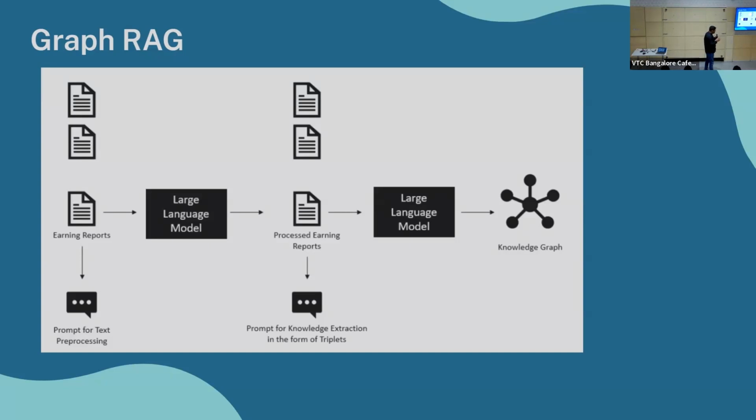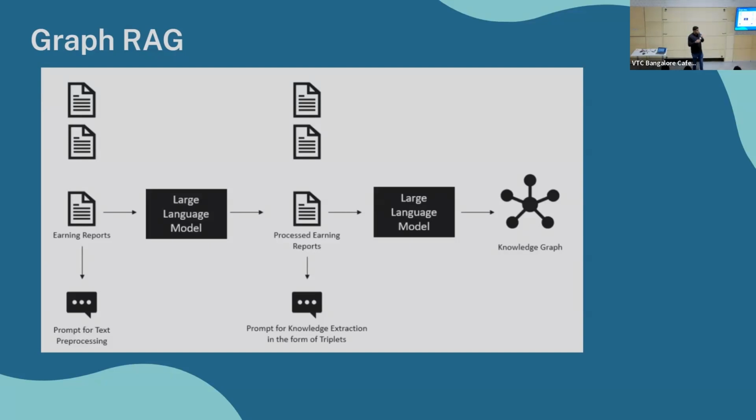That's the difference. Because it retrieves the data from a knowledge graph, it is able to extract all those insights, all that information which your traditional RAG may have ignored or may not have been able to capture.